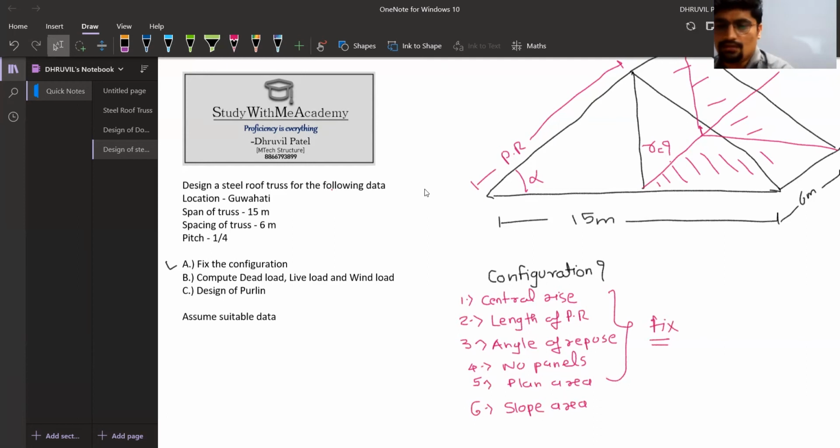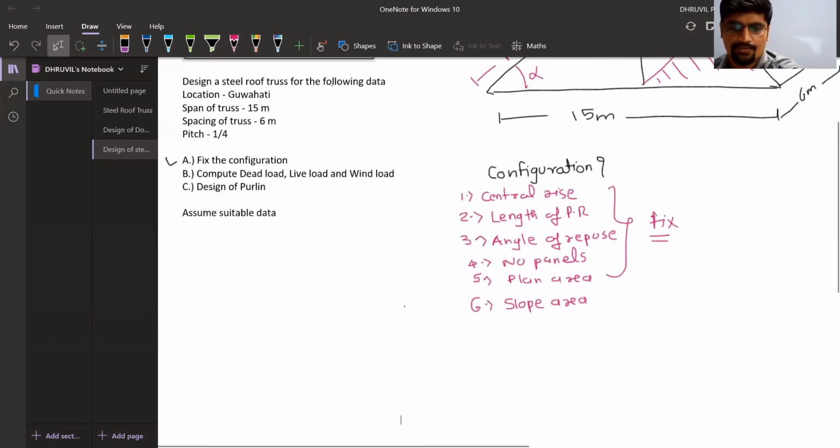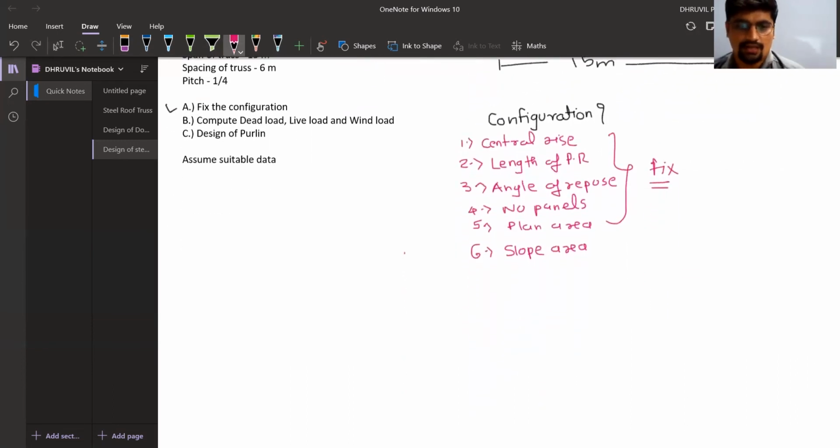Okay, let's start with the central rise. Generally, in the examination, in the question, the rise will be given.